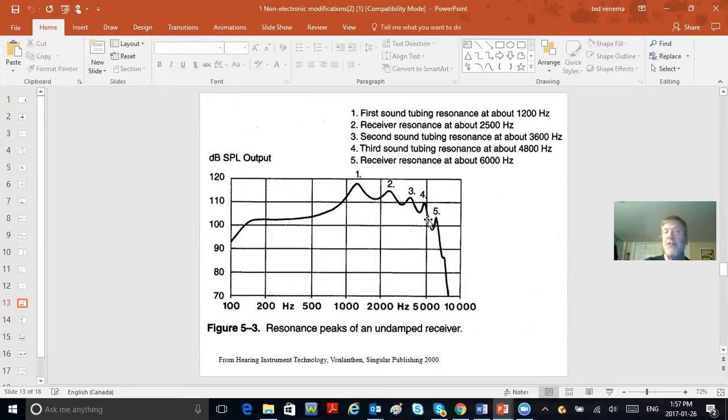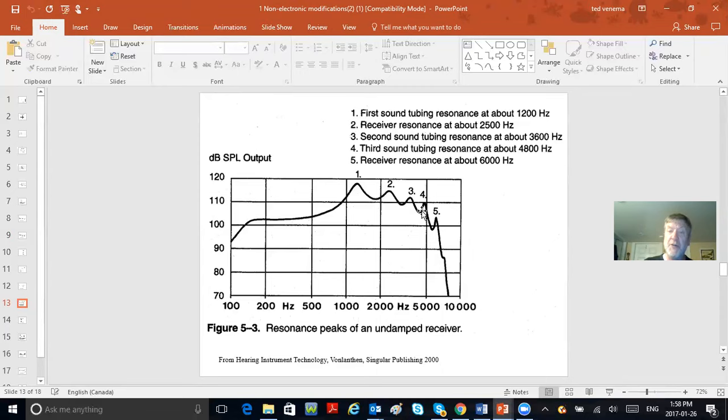This is the frequency response of some typical generic hearing aid. And what filters do is they dampen the peaks in a frequency response wherever they may be. Filters cause resistance. Now, remember from your acoustics, we talked about resonance, the favorite vibrating frequency of an object.